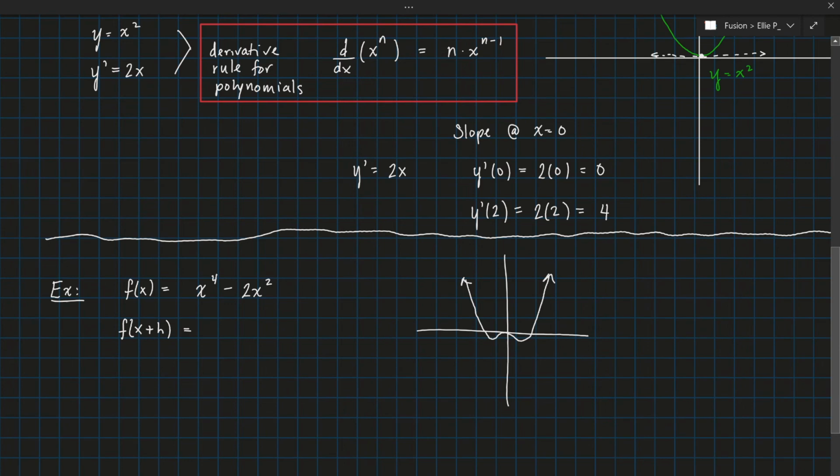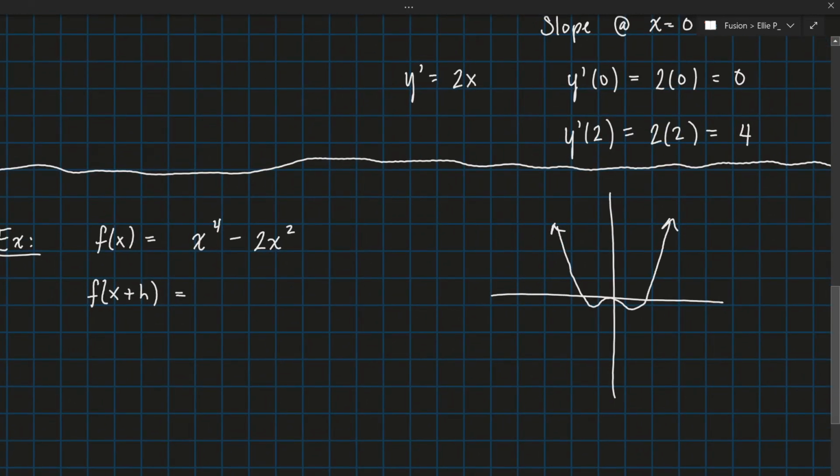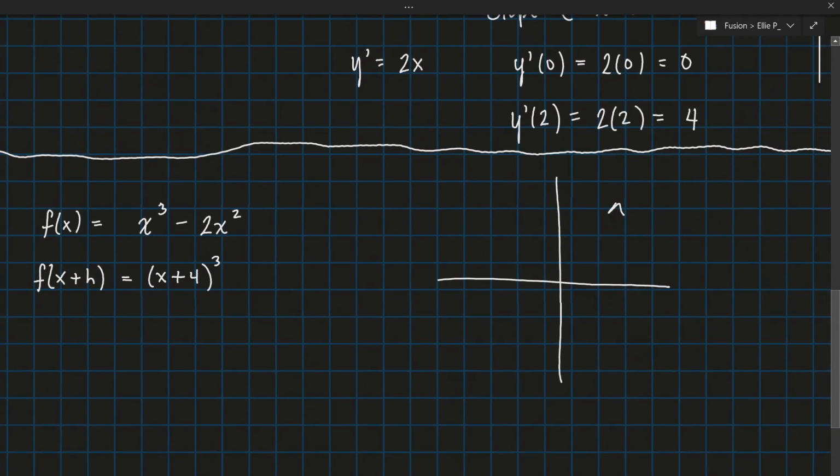Yeah. So x plus h to the 4. Yep. And actually, I want to change this because that's going to be a nightmare to FOIL. Perfect. So this will be something more like that. Okay. Minus 2 times x plus h squared. Oh, yeah. Good. Just testing you.